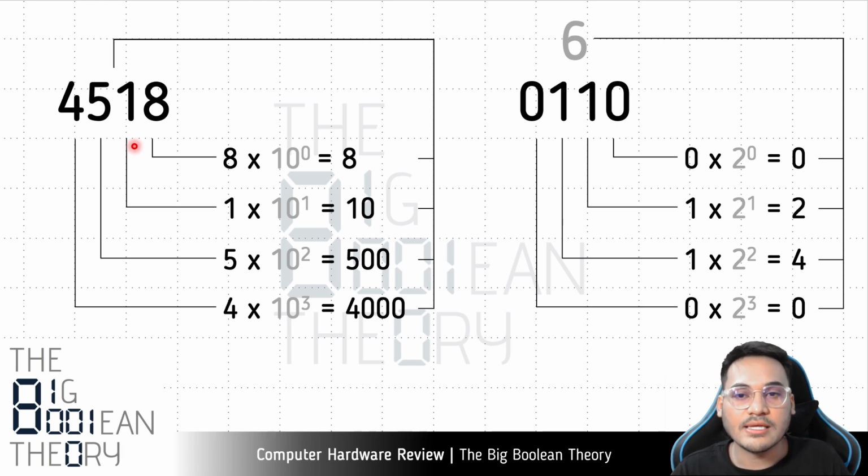The way we make sense of what decimal number this pattern represents is that each place has a certain weight. The first place, the unit place, then the 10th place, 100th place, 1000th place. You must have seen this in elementary school. So 8 has the weight of 1, which can be represented as 10 to the power 0. You multiply the symbol and the weight, and you get 8.